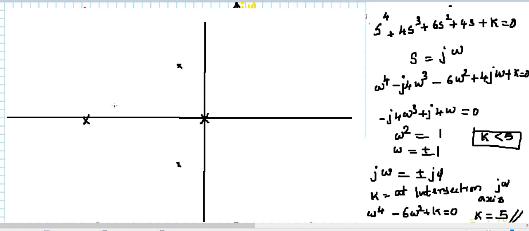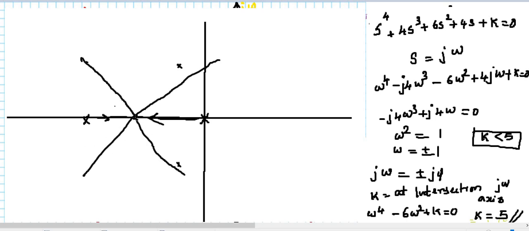Suppose there is another problem with 2 open loop poles in the real axis, and there is one complex conjugate pair of poles. Then in that type of problems, suppose the breakaway point is somewhere near. Okay, so one root locus branch that starts from here will meet here. Suppose you have the asymptotes like this.